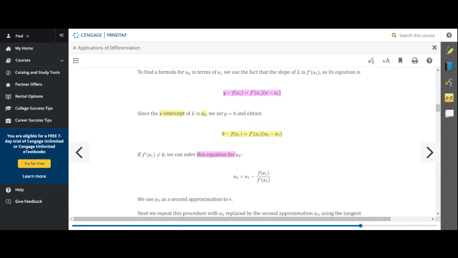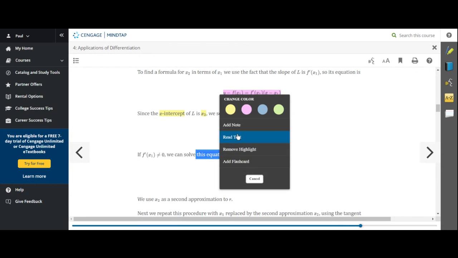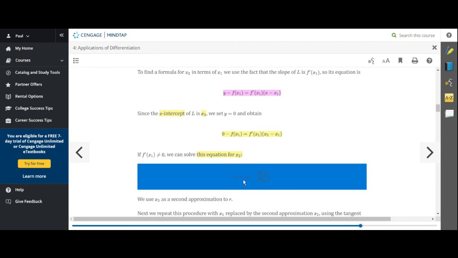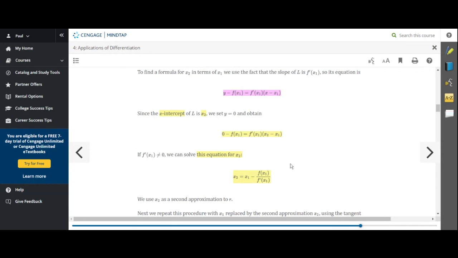I just want to make sure I'm highlighting things carefully. But what they do is they solve for x2, and x2 then is going to equal x1 minus f of x1 divided by f prime of x1. That's your approximation to the root r. x1 was your first approximation.